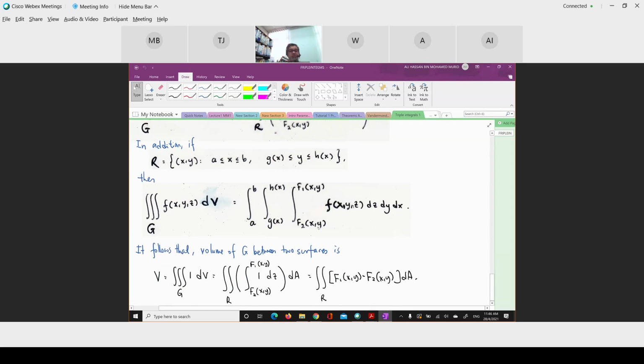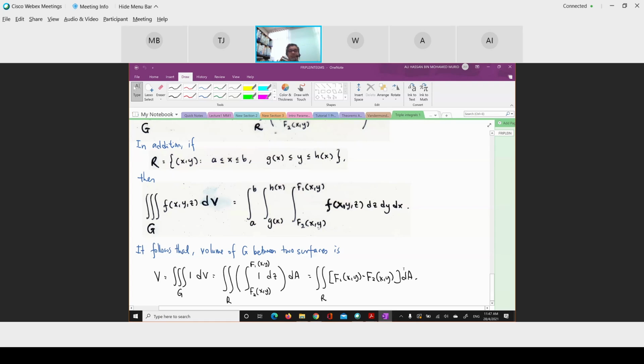And if f is equal to 1, we know that this triple integral calculates the volume of G. So if z is bounded by the surfaces f2 and f1, then we integrate 1 with respect to z, substitute z with the upper and lower limits, and take the difference.